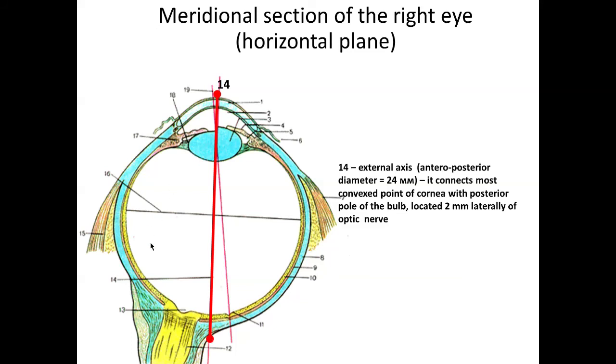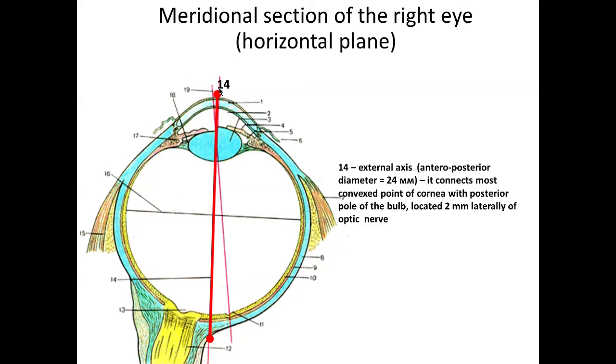So, if it is a horizontal section for the right eye, this is the temporal peripheral part, and this is the nasal or medial peripheral part.